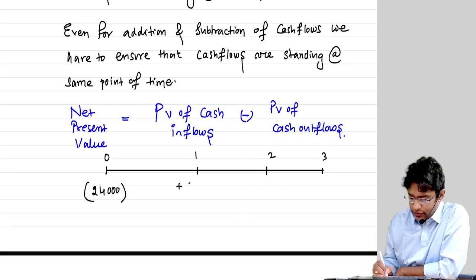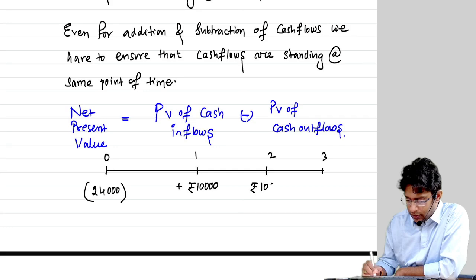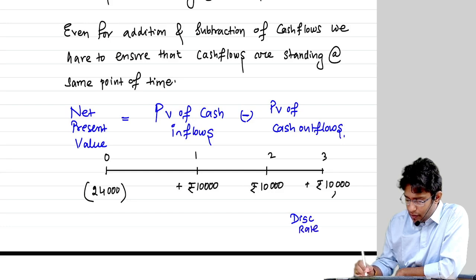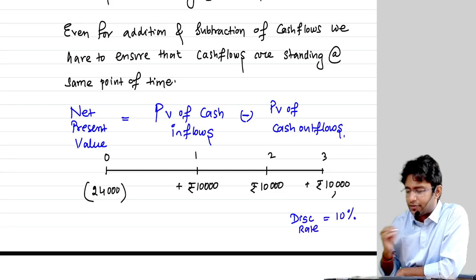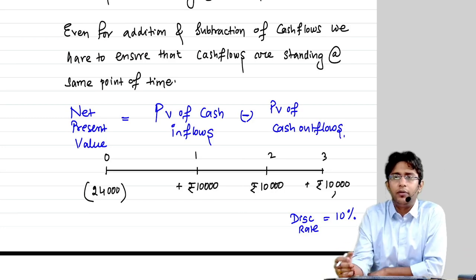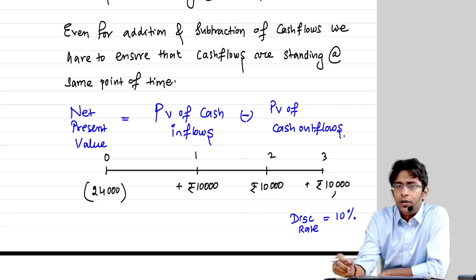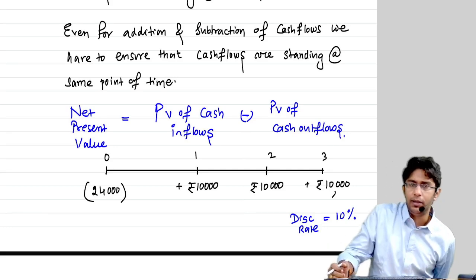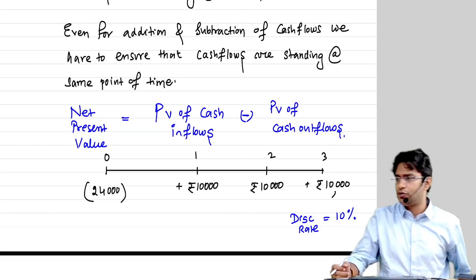Those cash inflows are, let us say, 10,000, another 10,000, another 10,000. Let us say discounting rate is 10%. Now, the question usually asks you, can we buy this machinery or not? Can this proposal be accepted or not? This kind of questions we will have in capital budgeting.